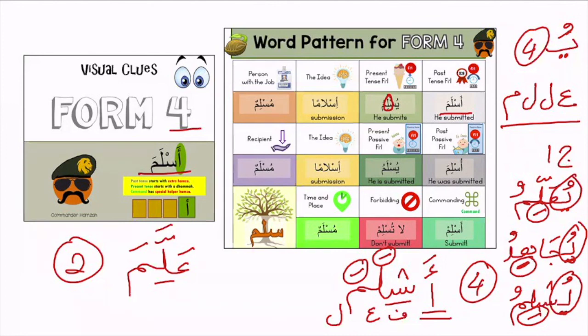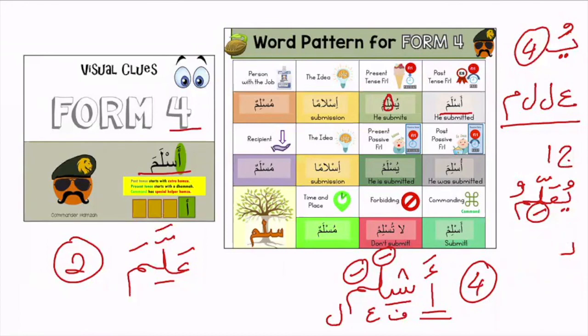So aslama, yuslimu, and then its masdar would be islaman. We all know this word, right? Alhamdulillah, right? So islaman. Now what is happening in the masdar? We have seen over here, we have lam and mim. And what is extra?